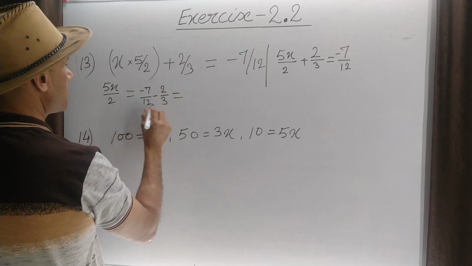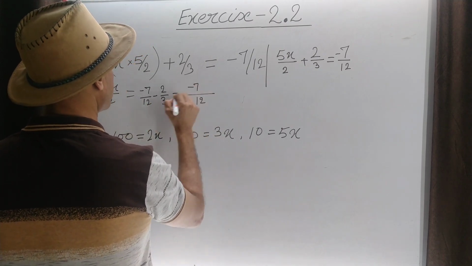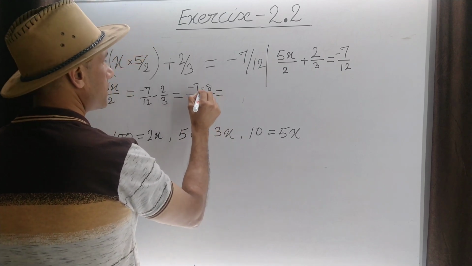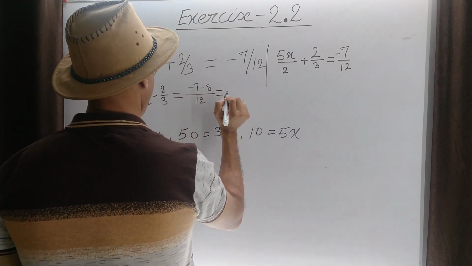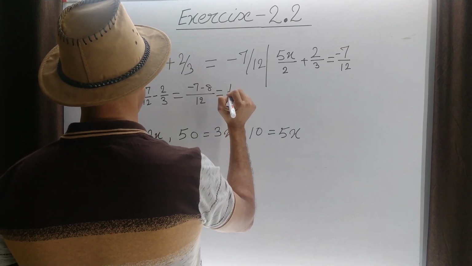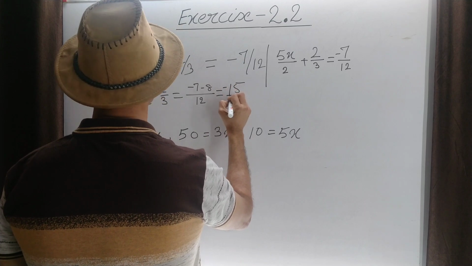This equals, 12 is the common denominator, and we get minus 7 here and minus 8 here. This adds up to minus 15 by 12.